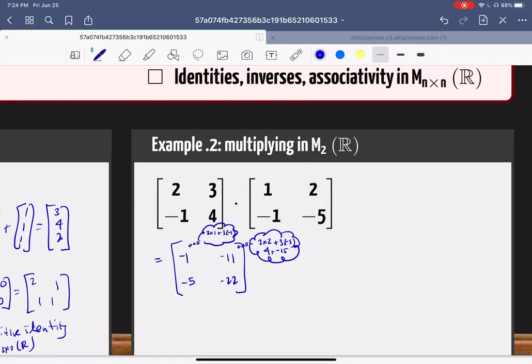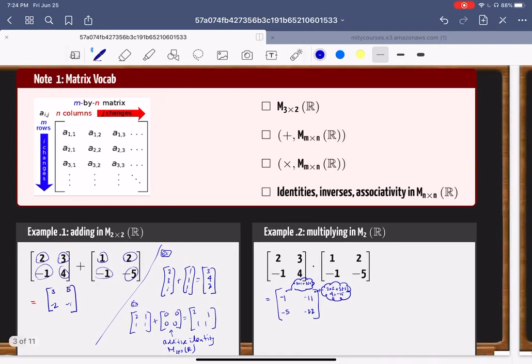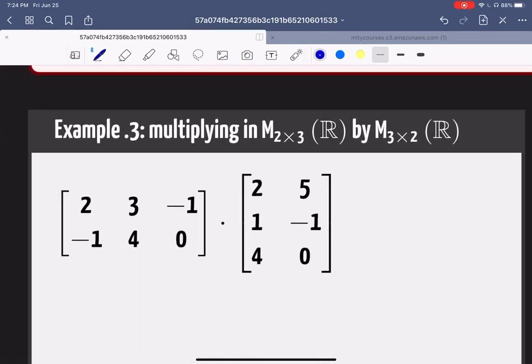The other thing you got to note about multiplying matrices is that they don't have to be the same size to multiply them together. You could multiply a 2 by 3 times a 3 by 2 matrix, such as these ones.